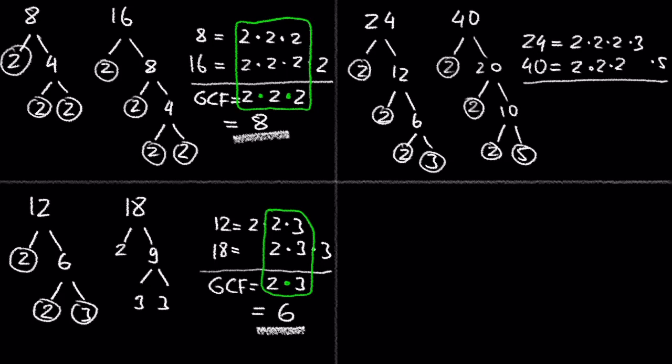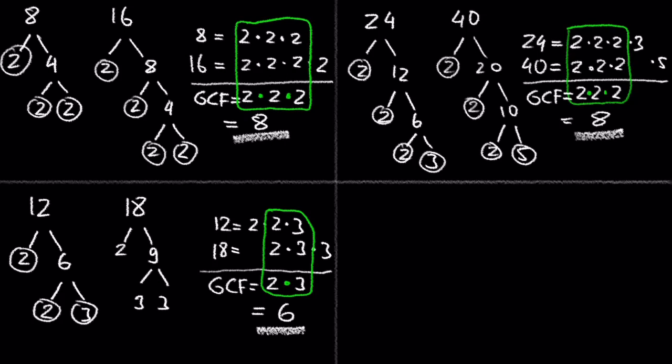Make sure that the same factors stand in the same column. So the GCF of 24 and 40 is 2 times 2 times 2, which is 8. And we are done with this problem.